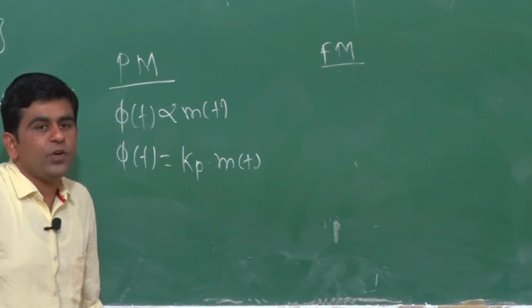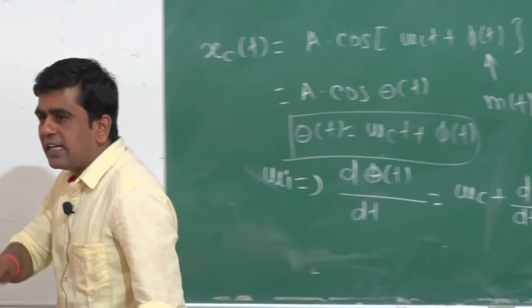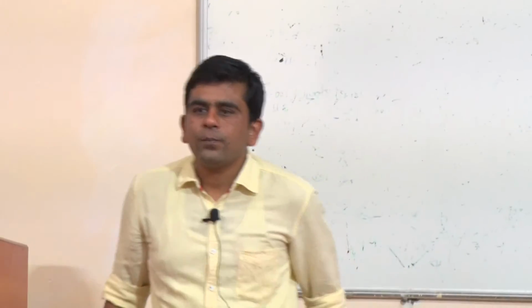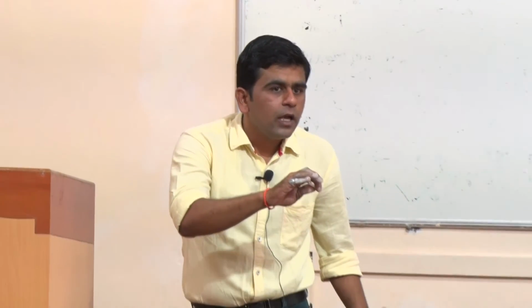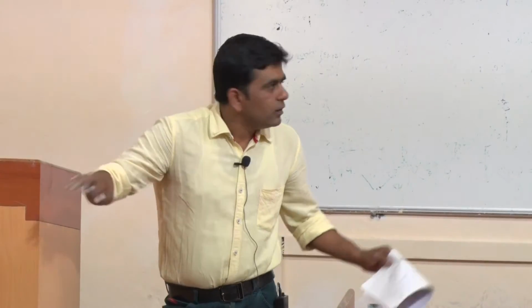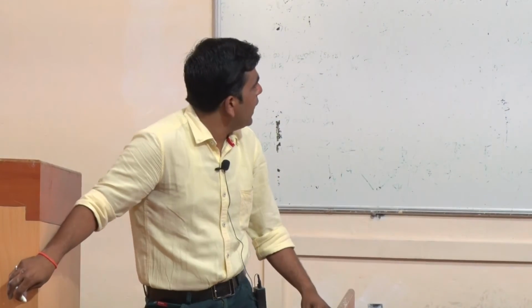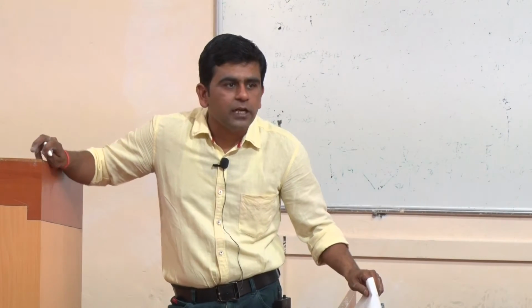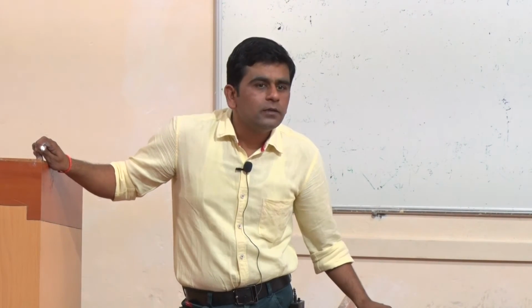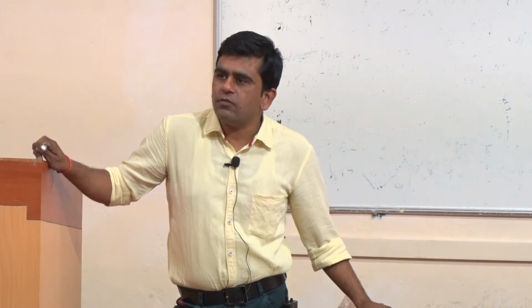Similarly for your FM, here we require some deviation in your frequency. In frequency modulation, whatever the change in your carrier, that is xc of t, which is given as A cos theta of t, change in frequency deviation is proportional to your message signal m of t.